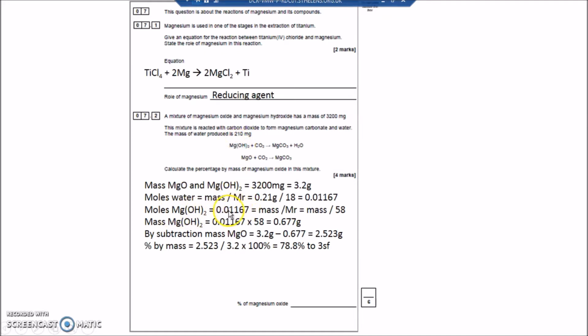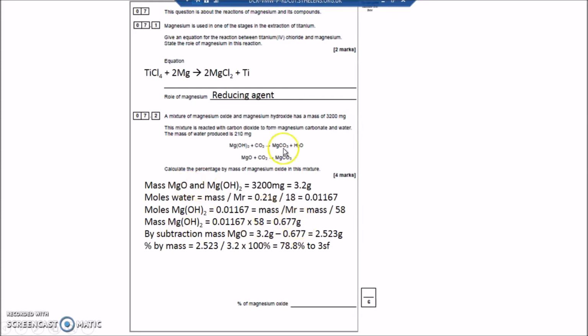So number of moles, 0.01167, is mass divided by Mr. I've worked out the Mr of Mg(OH)2. It's a magnesium, which is 24, 2 16s for the 2 oxygens and 2 1s for the hydrogens. It's 58. Multiply both sides by 58. I've now worked out the mass of Mg(OH)2 is 0.677 grams.